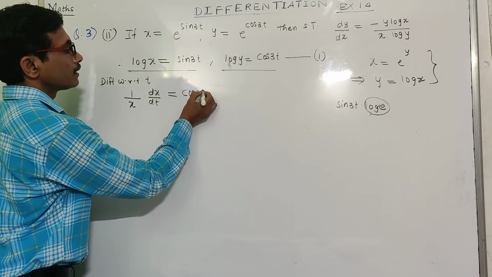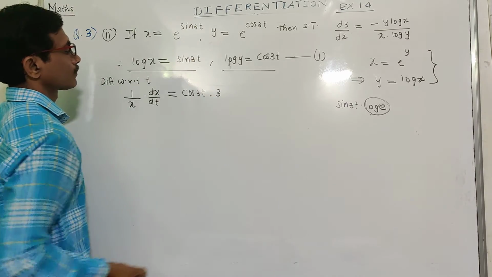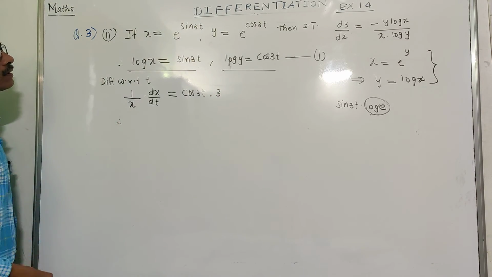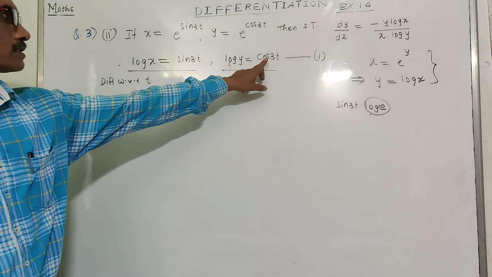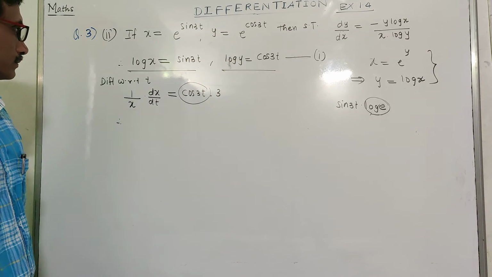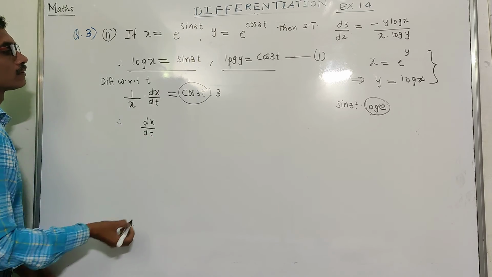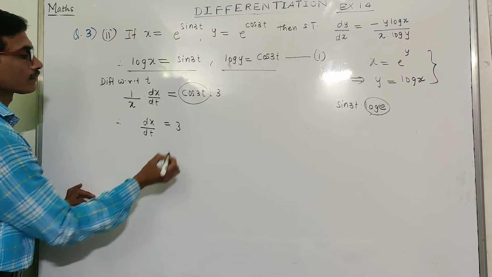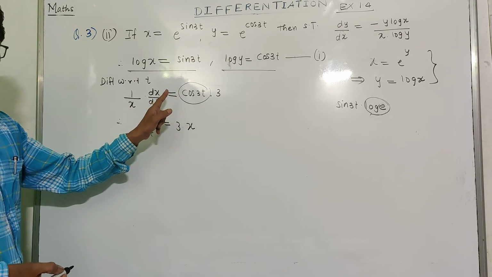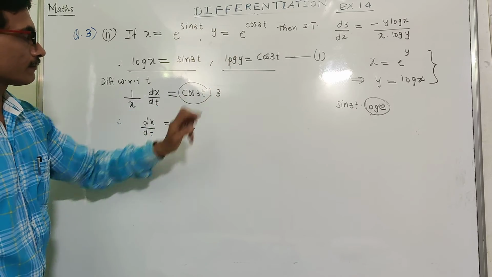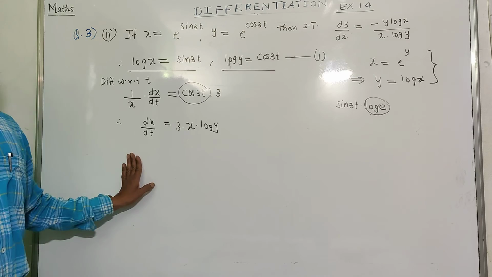Cos 3t into 3. But we know cos 3t is equal to log y from 1. So dx by dt is equal to 3, x cross multiplication, cos 3t is log y, so 3x log y. This is our dx by dt.